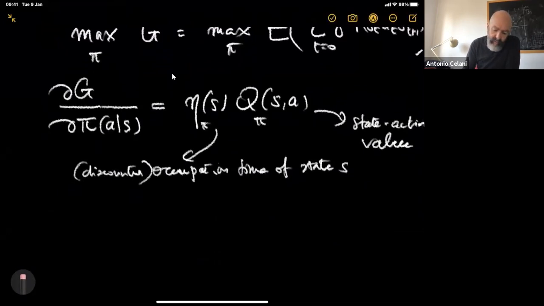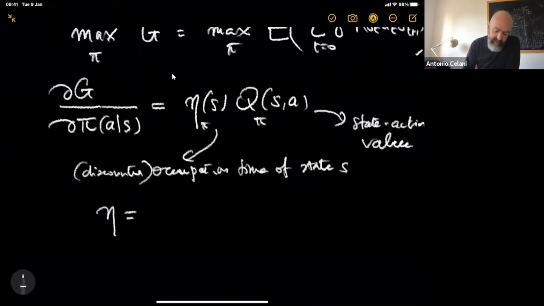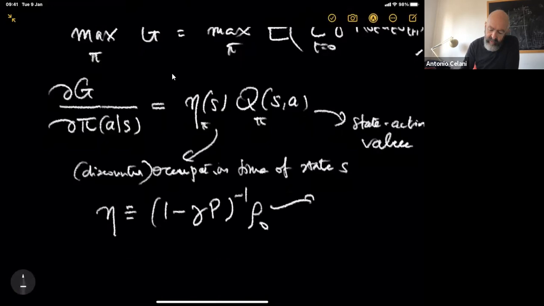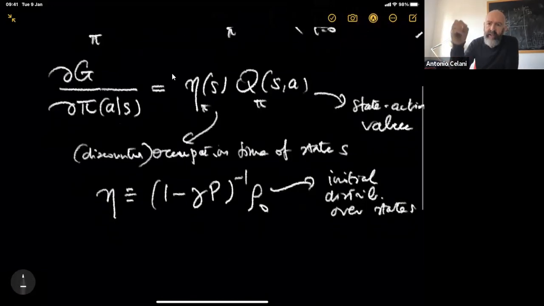So the eta as a vector was defined as (1 minus gamma P) to the minus 1 times rho naught. So this rho naught is the initial distribution over states. Okay, this is where my system is at the initial time. It could be localized on one state, it could be dispersed across all states.